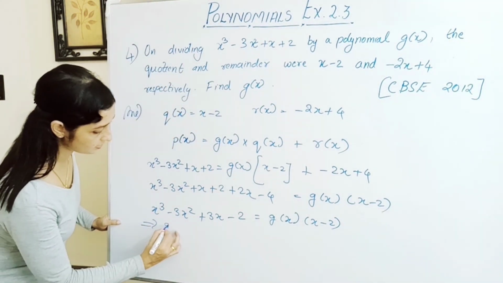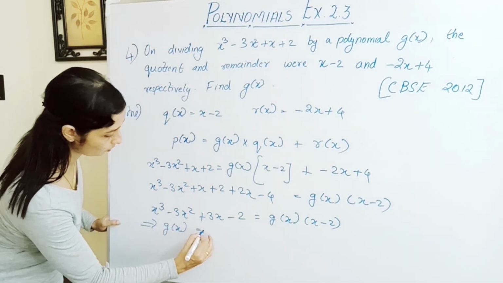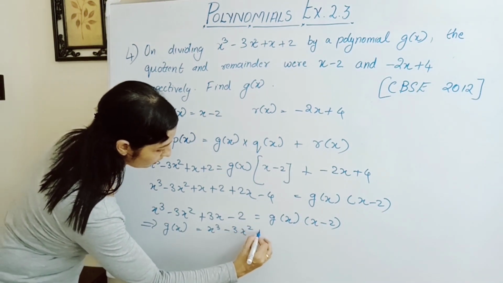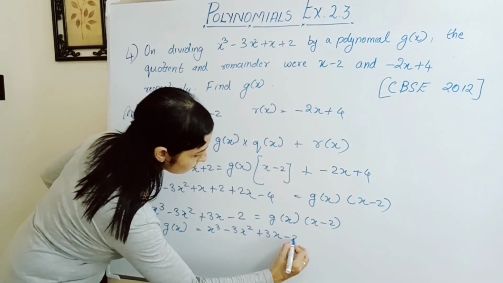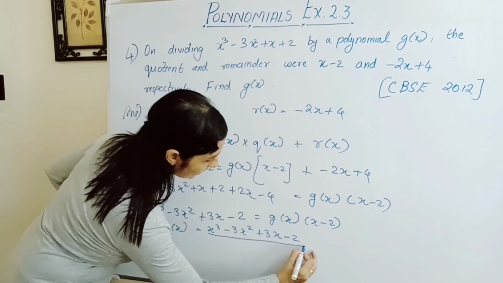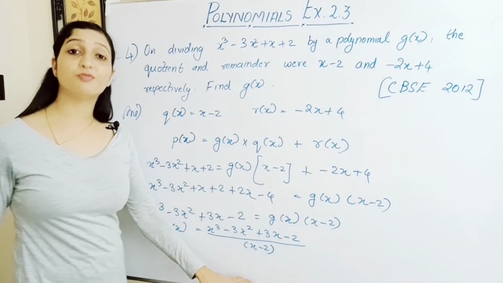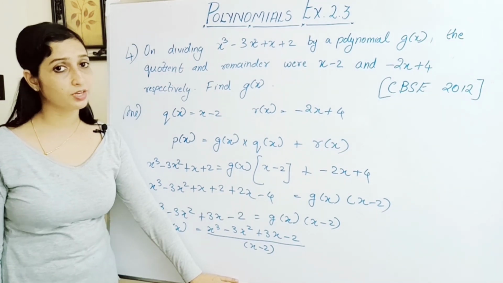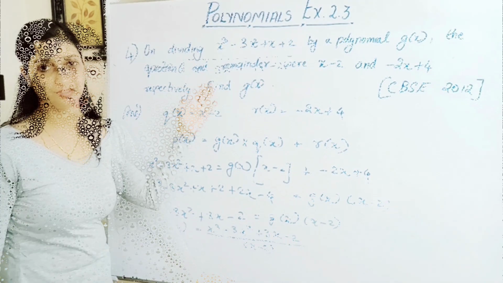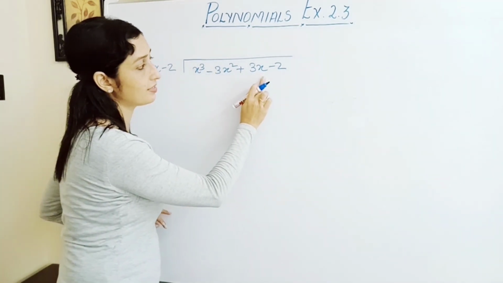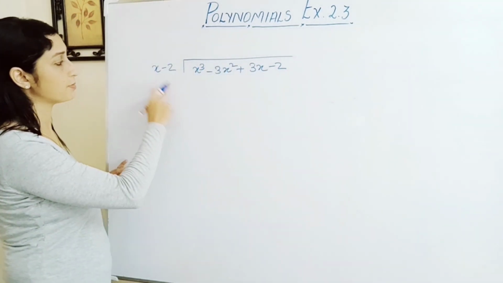Which implies g of x is equal to x cube minus 3x square plus 3x minus 2 by x minus 2. Now we can find the g of x by performing a division. So I have taken it down and written here. It is x cube minus 3x square plus 3x minus 2 divided by x minus 2.